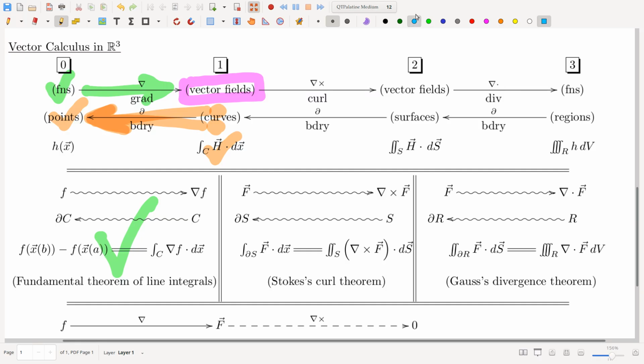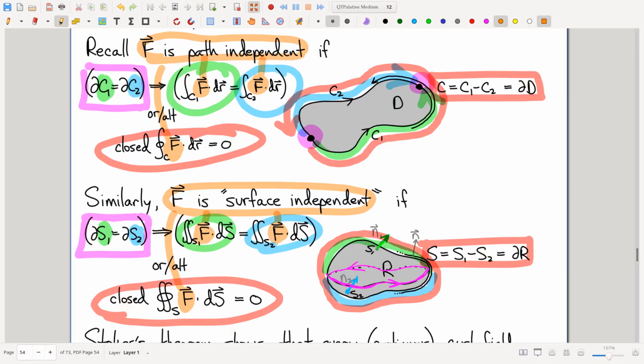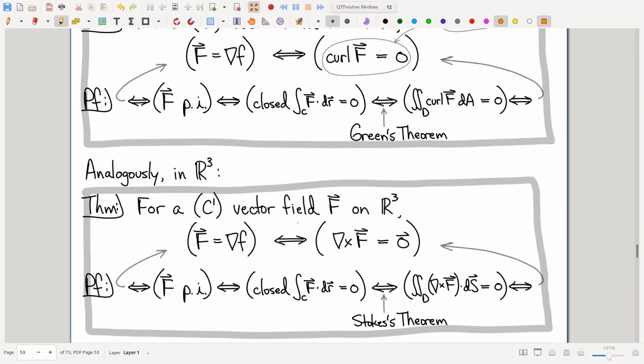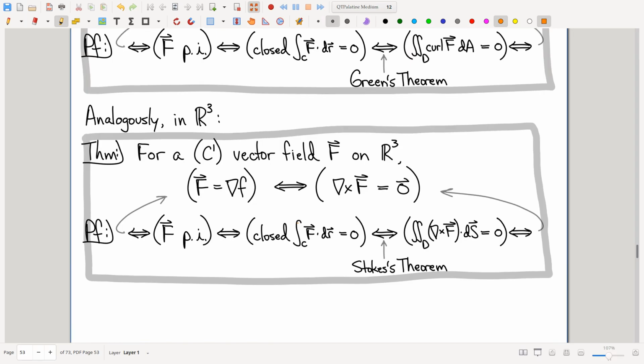Then very shortly after, we showed that any path independent vector field, aka any gradient, would have curl equal to zero. And the way we did that was with Green's theorem at the time, and then as of a couple of minutes ago, Stokes' theorem to show the same result here in 3 dimensions.